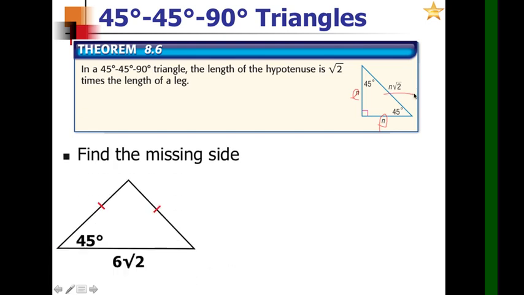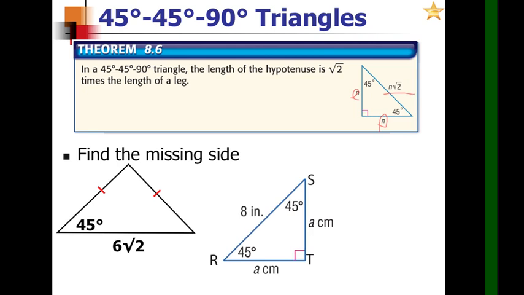Find the missing side. So let's say this is our triangle. So for this one, this is 45. So obviously, this is an isosceles triangle. So the two sides are equal. So we do not know what the measurement is, because whatever the measurement is here, the measurement of this other side is the same.